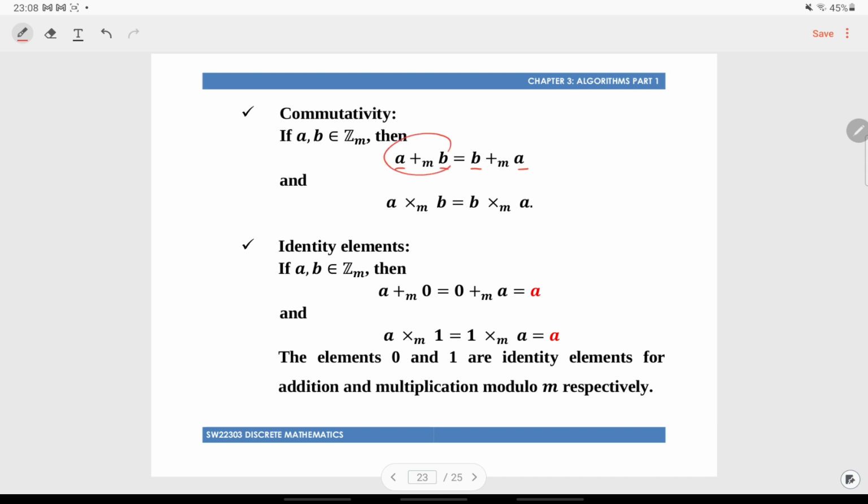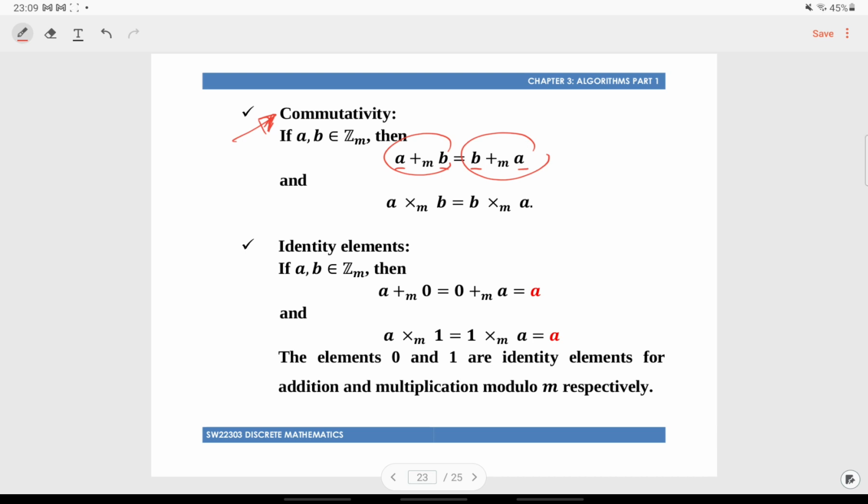This value always equals this value; the outcome is still the same. a plus b mod m equals b plus a mod m. The same goes with multiplication: a times b is equal to b times a mod m. So commutative is about changing the position. The commutative property also holds for arithmetic modulo m.